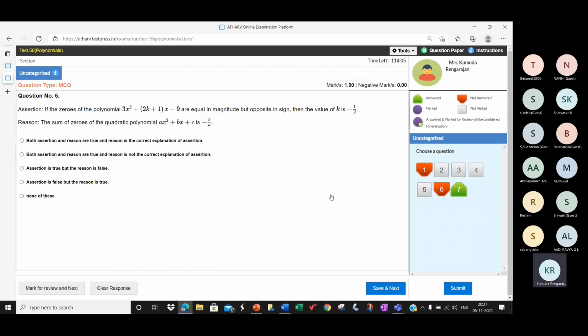If the zeros of the polynomial are equal in magnitude but opposite in sign, then the value of k is minus 1 by 2.